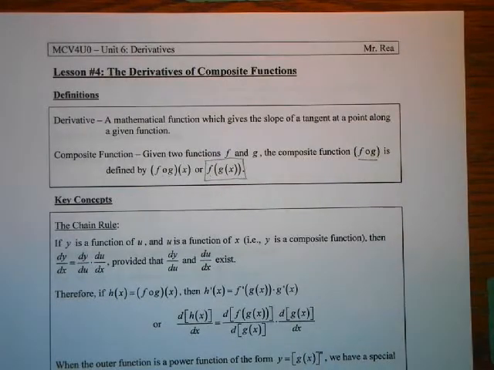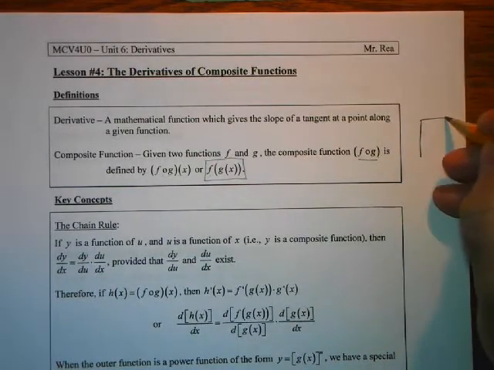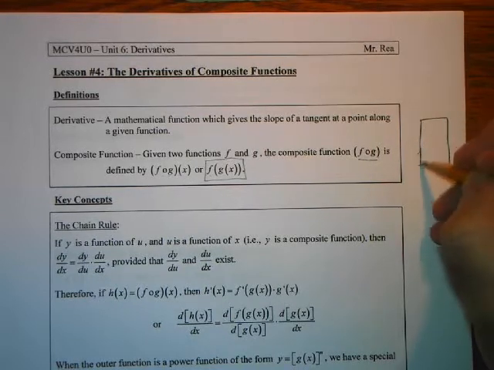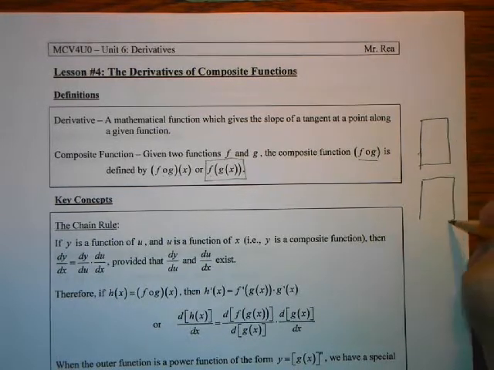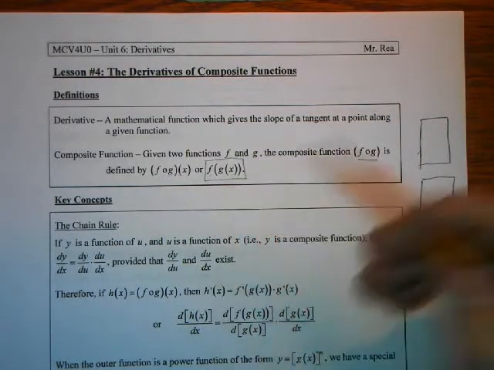So the way we can kind of draw a picture of how that works, we've got these two functions. Now, the first function that gets used would be the inside function.